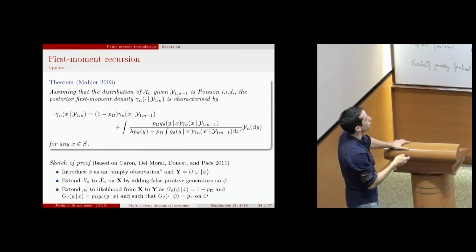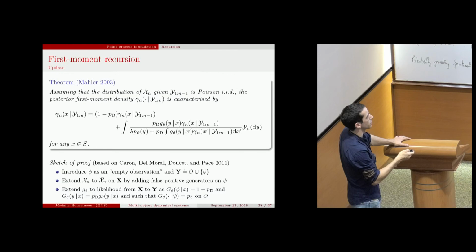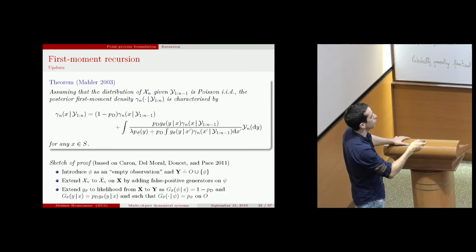And so you can do the same sort of tricks by also augmenting the observation space with the empty observation. So if a target is not detected, it goes to phi. This observation is phi. And so in the same way as before, we just augment also the likelihood for a single object, saying, well, if the object was at x, the probability that it is misdetected is 1 minus PD.